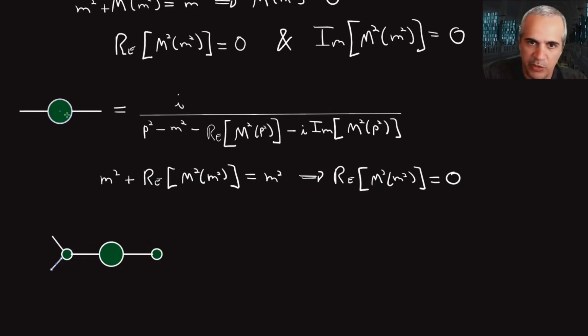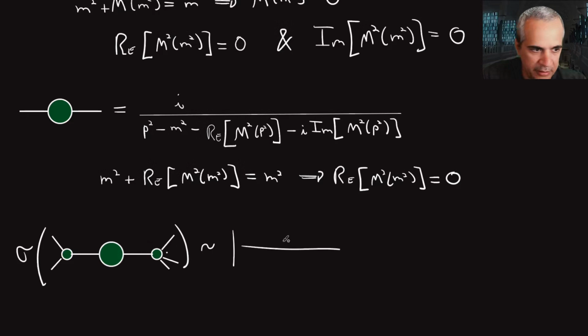It goes through this propagator and then goes into whatever. So this is in the S channel. The cross section for this particular process will be proportional to the modulus square of this propagator. It will show up somewhere inside. So this will behave like this propagator.